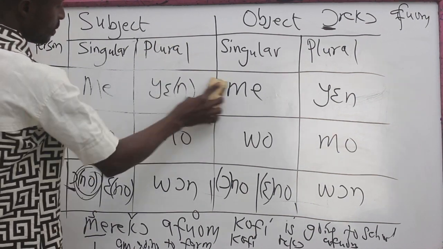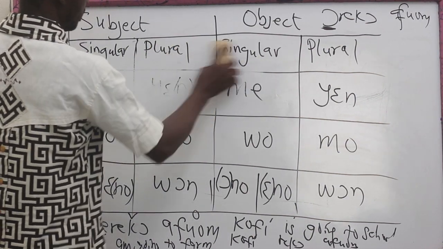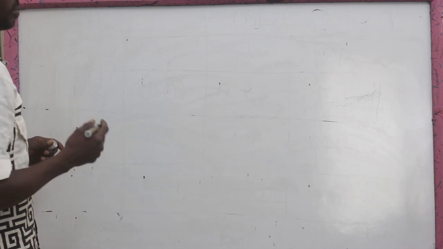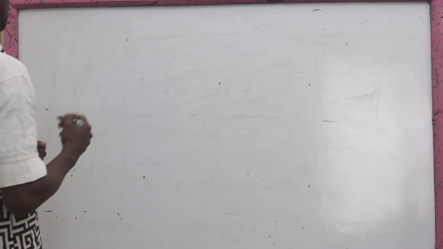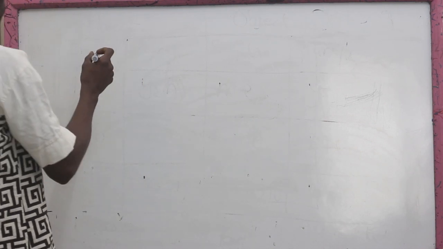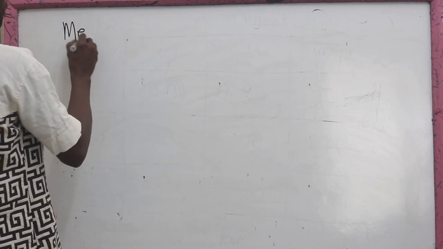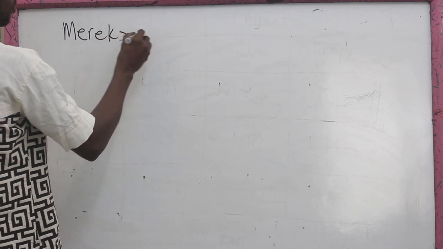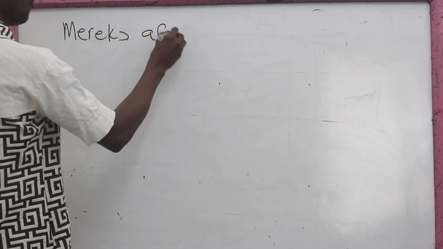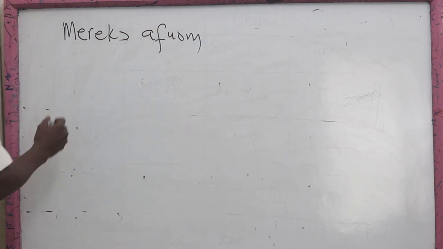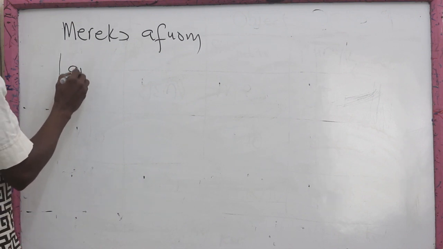So let's start some sentence examples. The first example is as in me. Meko efuom.